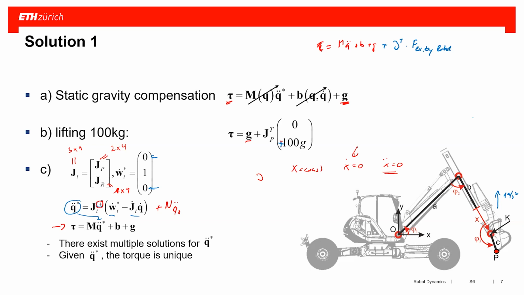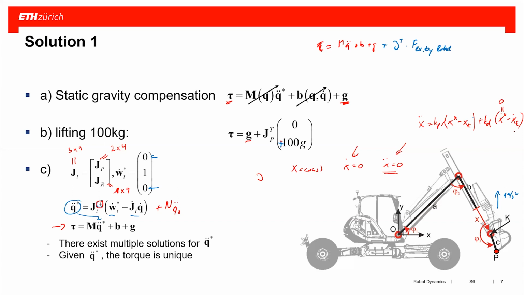If X dot is not equal to 0, that means you are diverging from X. What you would have to do is define a feedback law here, which says my X double dot must be equal to a certain Kp times my X desired minus my current X at time t, plus a Kd term times my X dot desired, which is equal to 0, minus my X dot at time t.